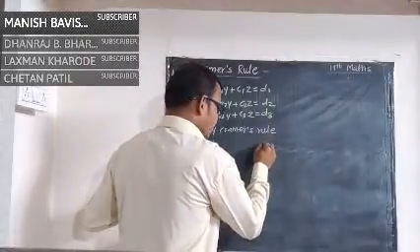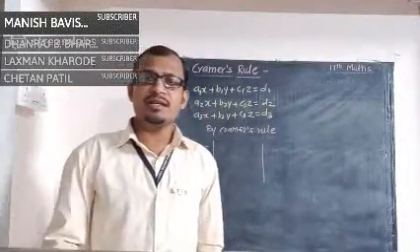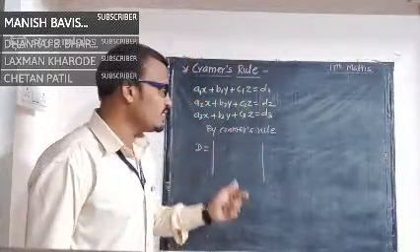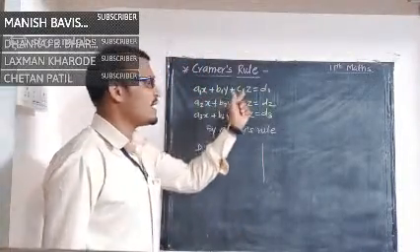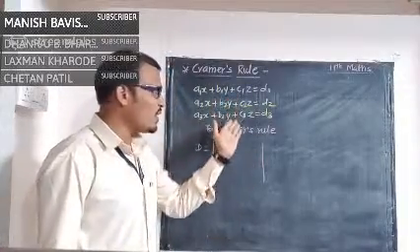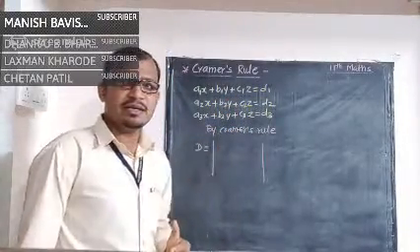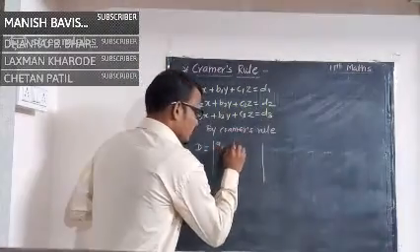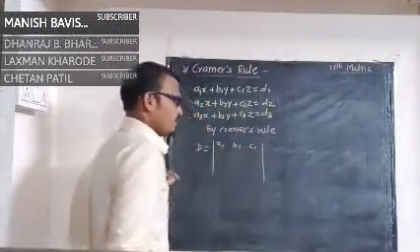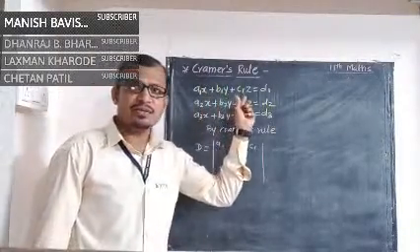First determinant is determinant D. Now what is the determinant D? Determinant D is nothing but the coefficients of x, y and z of all these 3 equations. So how can we form this determinant D? It is a1, b1, c1, which are the coefficients of the variables x, y, z of the first equation.